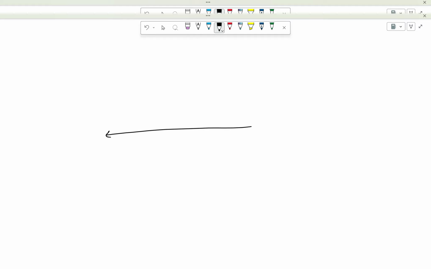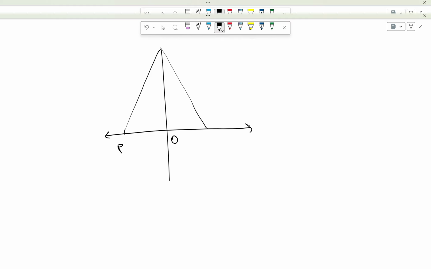Let's draw a new diagram. All right. And here we are going to calculate, oops, I'm missing point S at the top.